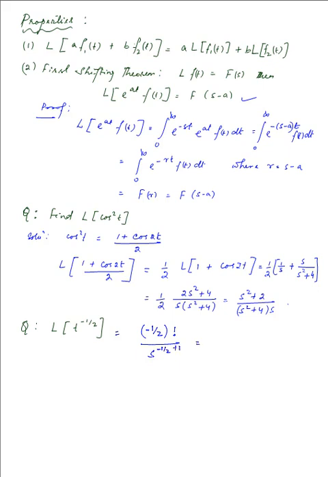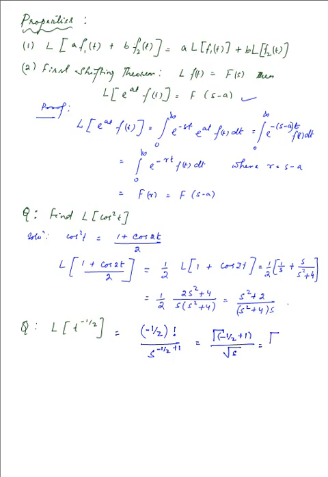Here n is minus half. The minus half factorial that we have can be written in terms of the gamma function, where gamma of n plus 1 is nothing but n factorial. Instead of n we have minus half, so minus half factorial is nothing but gamma of minus half plus 1, and this is over s raised to the power minus half plus 1, so this is root of s.